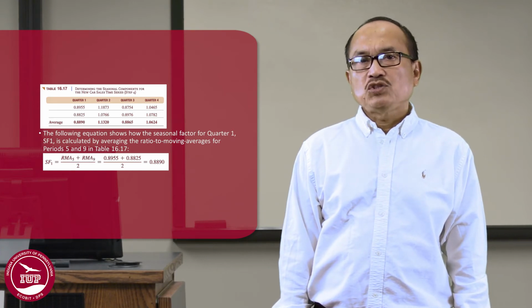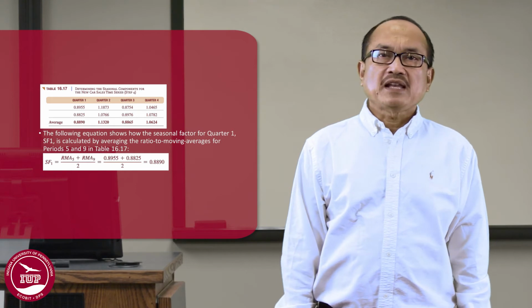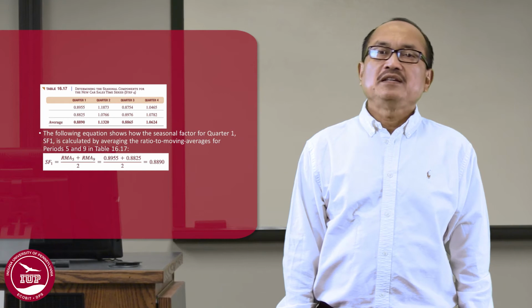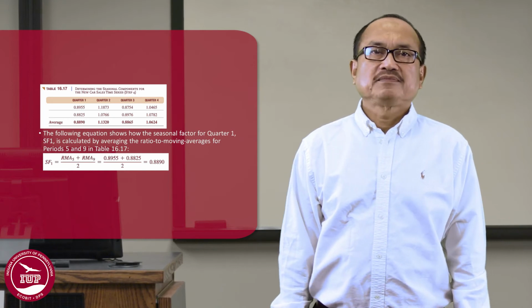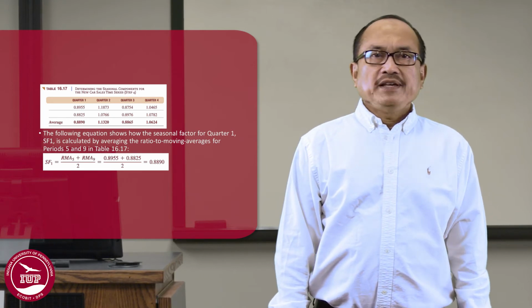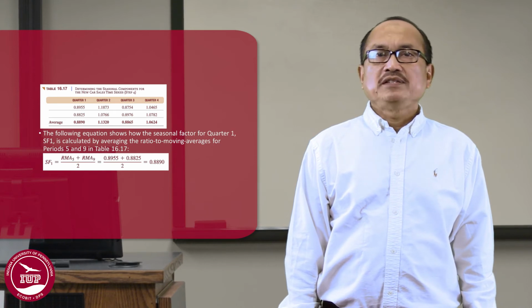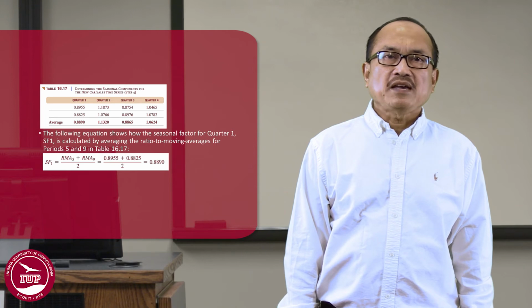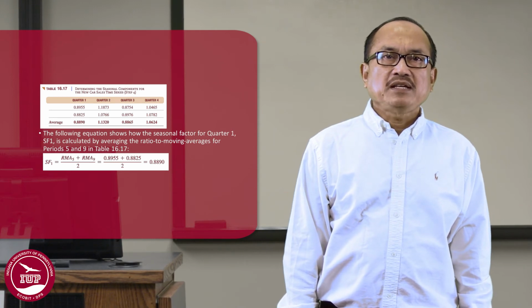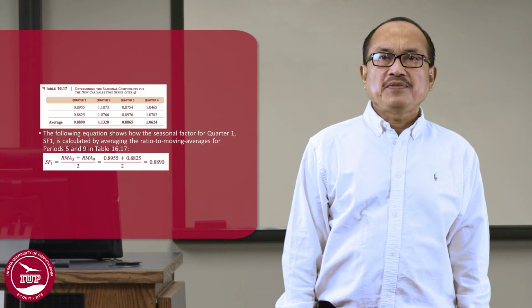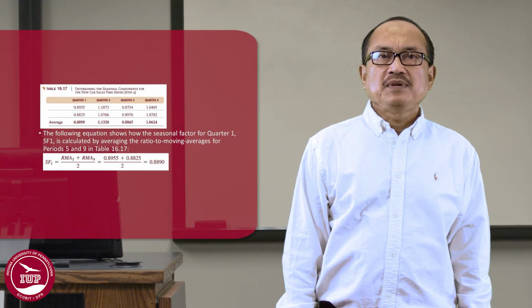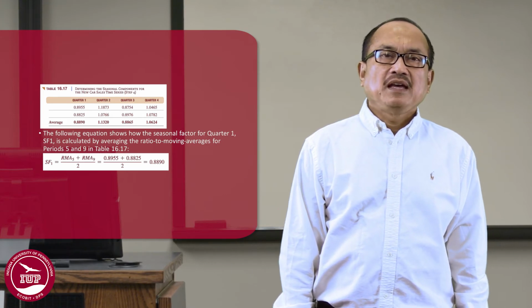By averaging the two periods, we cancel out the random component R_t in equation 16.12. The following equation shows how the seasonal factor for quarter 1, or SF_1, is calculated by averaging the ratio to moving averages for periods 5 and 9 in table 16.17.